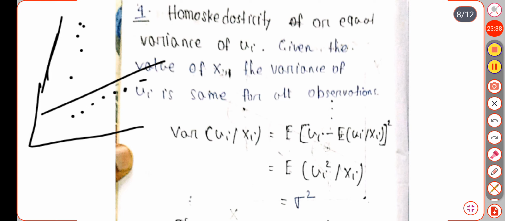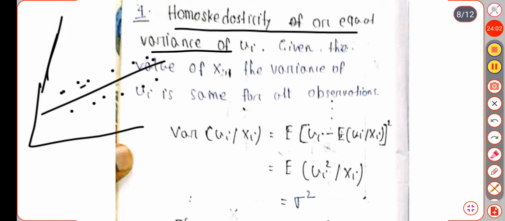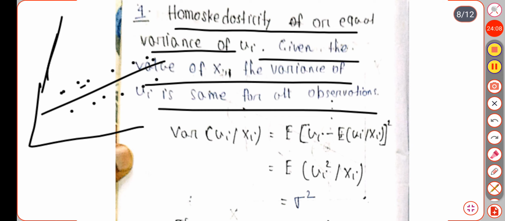But what is happening here is that the error terms are equally spread on both sides of the regression line, or the best fit line. That means error terms have equal variance on both sides of the regression line. This assumption is called homoscedasticity, or equal variance of the error term. Given the value of xi, the variance of ui is the same for all observations.